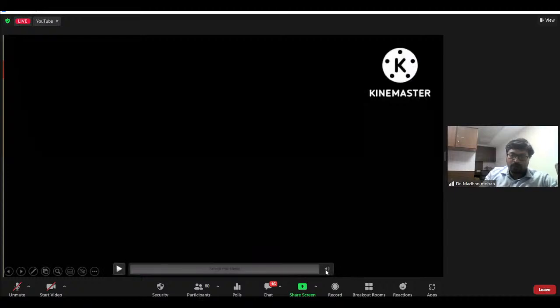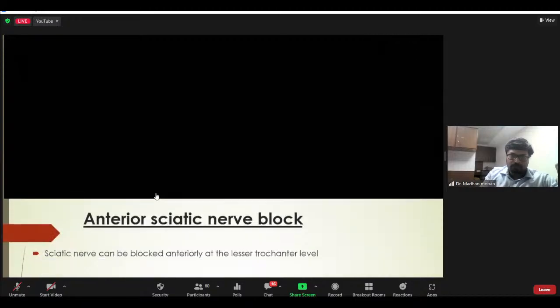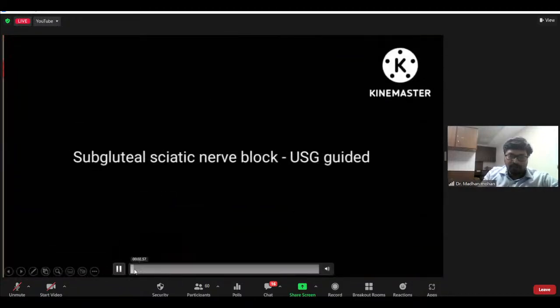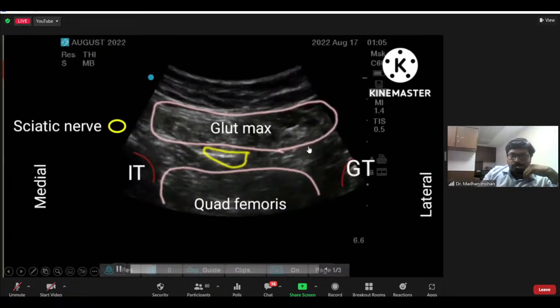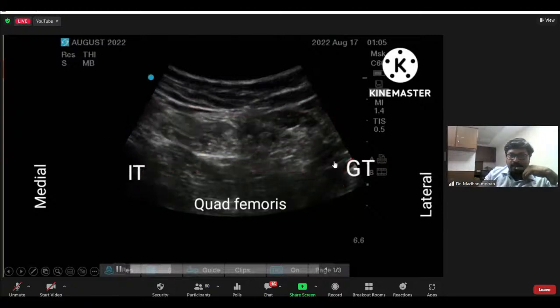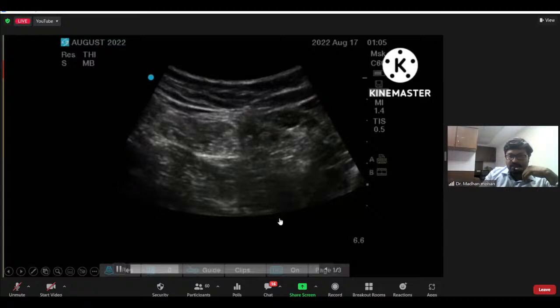So I will show a video of doing a subgluteal sciatic nerve block. So this side is lateral and this is medial. Medial you get IT and this is GT, gluteus maximus muscle, quadratus femoris muscle.